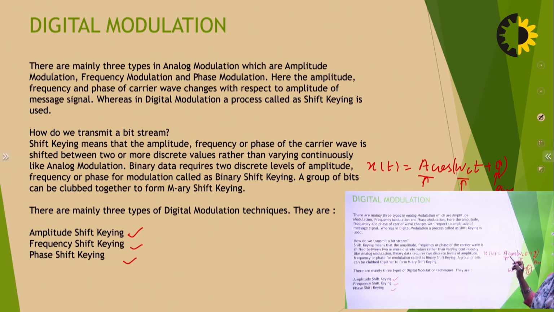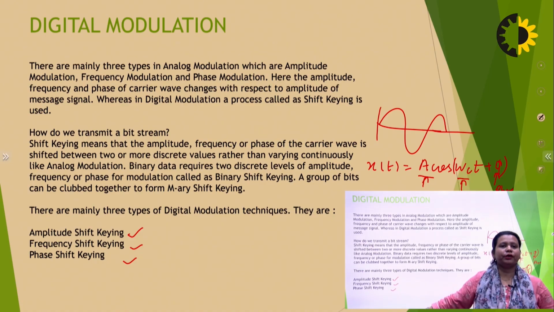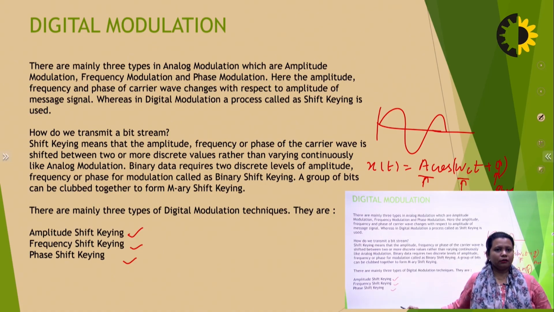So if we are modulating any signal, we need to change these things: amplitude, frequency and phase. This is the basic signal representation, and a simple analog signal can be represented like this. That is why we work with amplitude shift keying, frequency shift keying and phase shift keying.